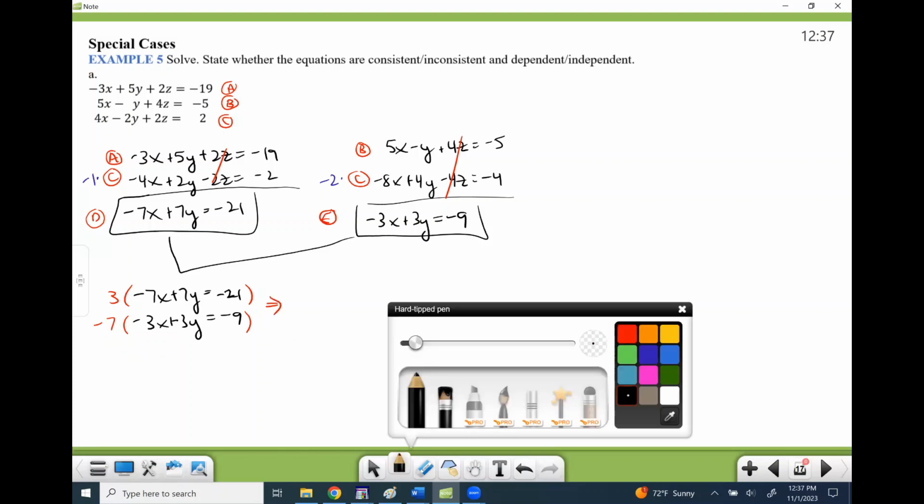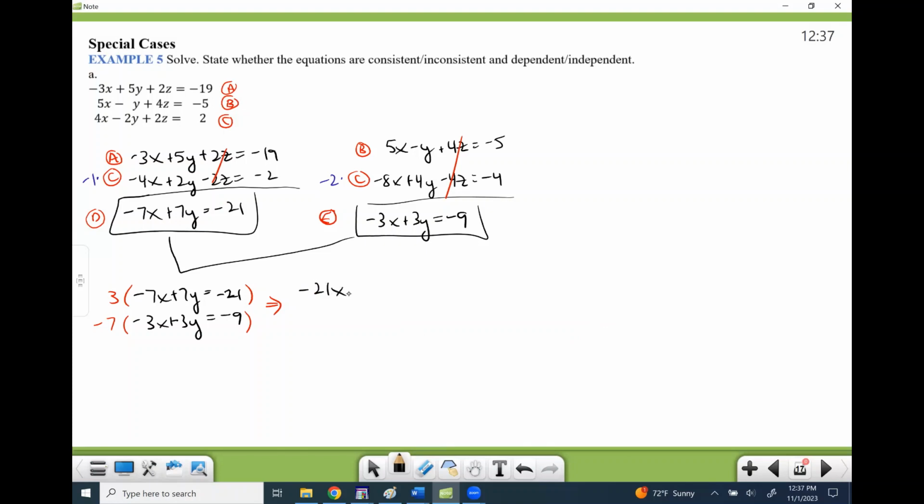So let me go ahead and distribute here then. You're probably noticing some strange stuff happening here, right? Everything's going to go away. So if we end up getting 0 equals 0, then that means that this is going to be infinitely many solutions.